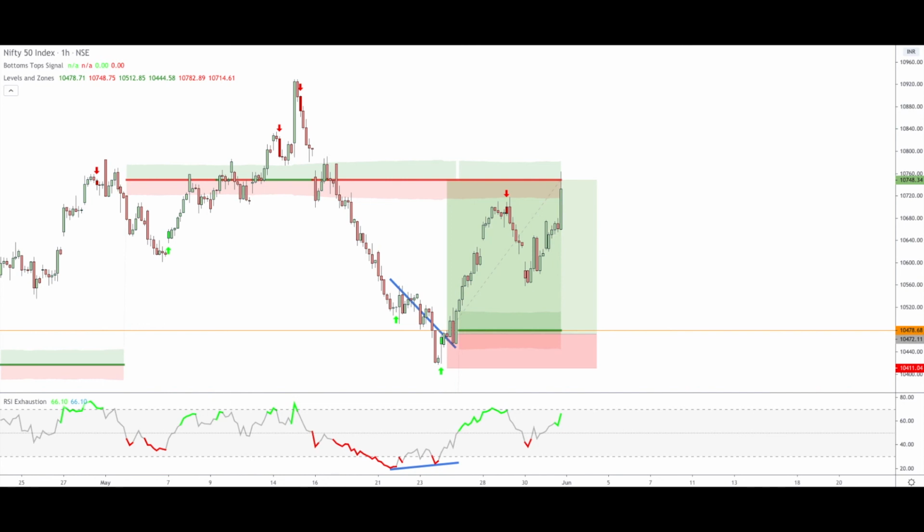So if you have the evidence from a technical point of view, because maybe you see a strong divergence, because you see a double top with exhaustion, because you see other evidence from your indicators that the price is not going where you want it to go, then you are allowed to modify your trade or close the trade if you believe so. This is at least what I do.